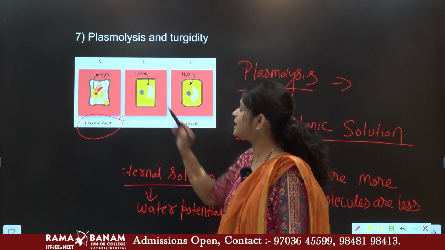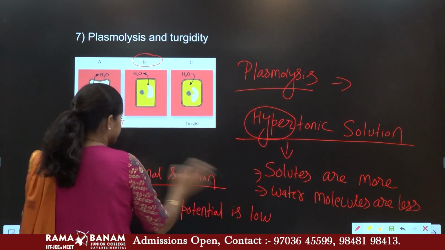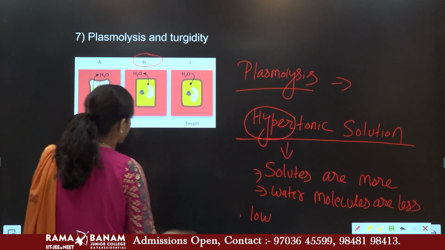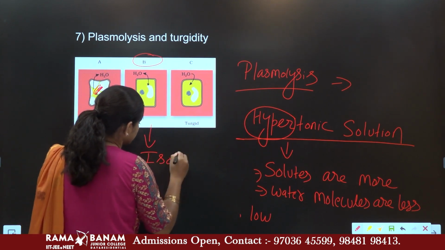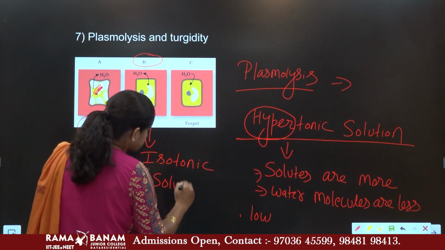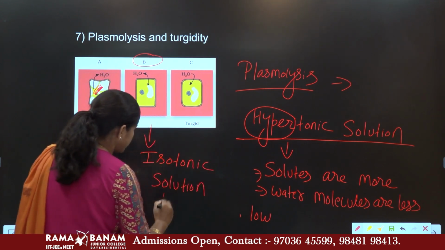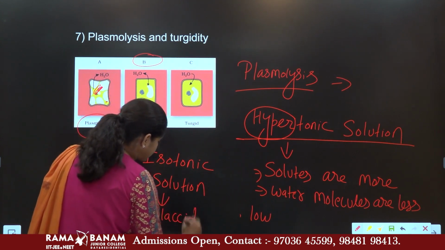Now this second B represents what? This is isotonic solution, and here your cell will become flaccid.